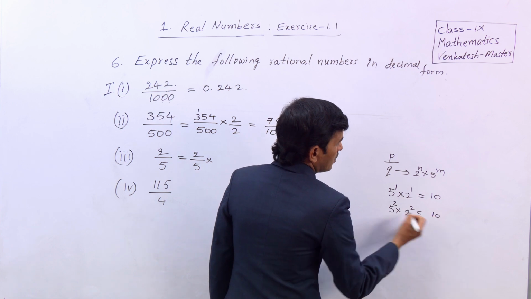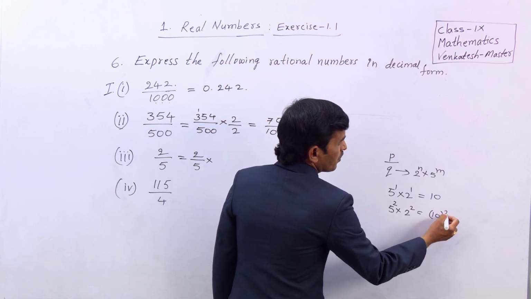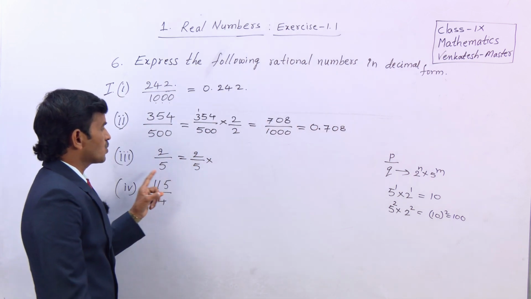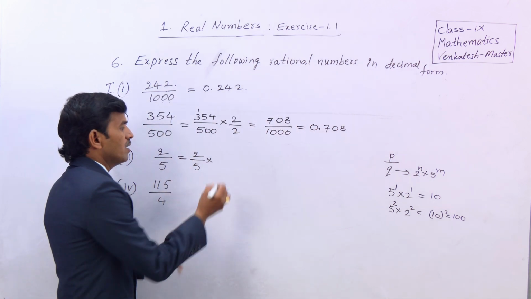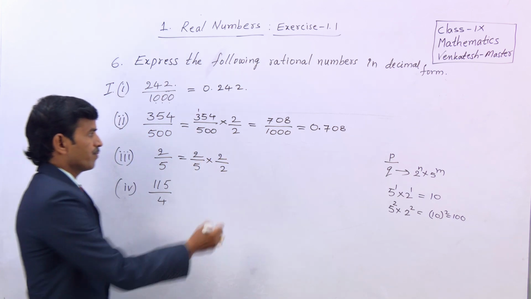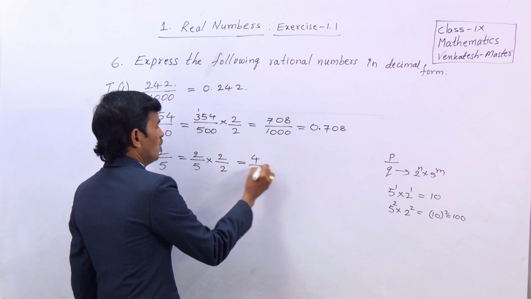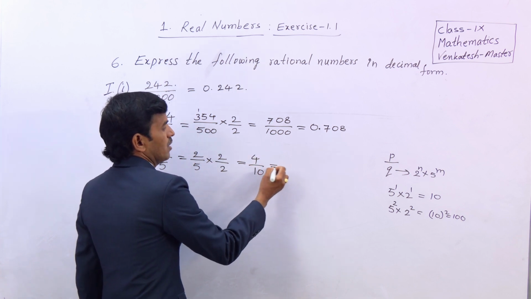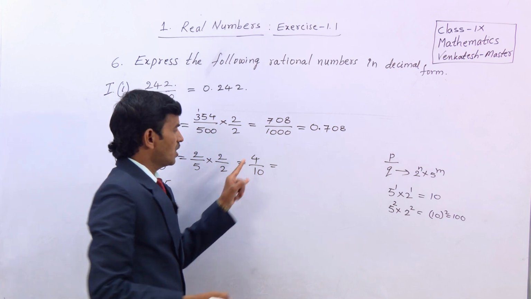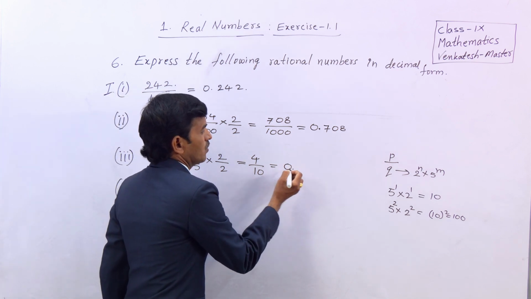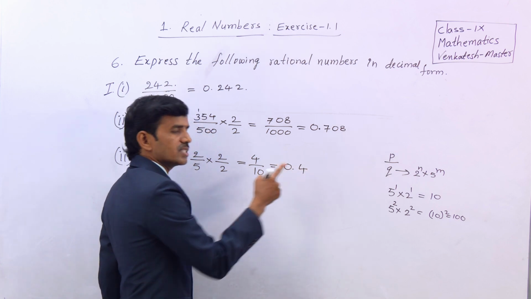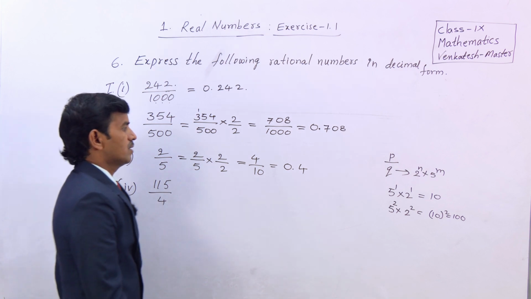Then 2 5s are 10 whole power 2, which is nothing but 100. In the same manner here also, as there exists only one 5, we should multiply numerator and denominator with 2. Then 2 2s are 4, 5 2s are 10. As there is one zero in the denominator, the decimal point moves one digit to the left. That means after the decimal point there exists only one digit.